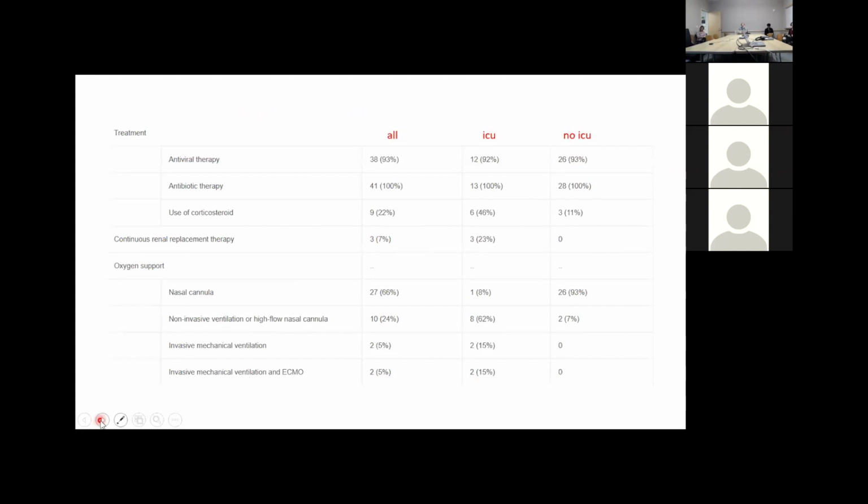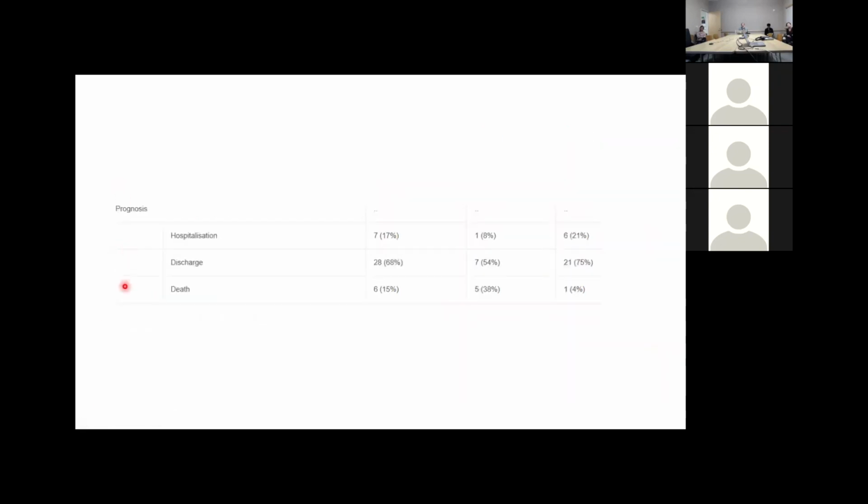Okay, and the same series, this is how patients were treated. And we'll talk about these therapies later on, but you can see people got antiviral therapy, they got antibiotics, steroids were used, people ended up on dialysis, and an array of respiratory support was required for people ranging from mild hypoxia to people who had severe ARDS and required mechanical ventilation and ECMO for treatment.